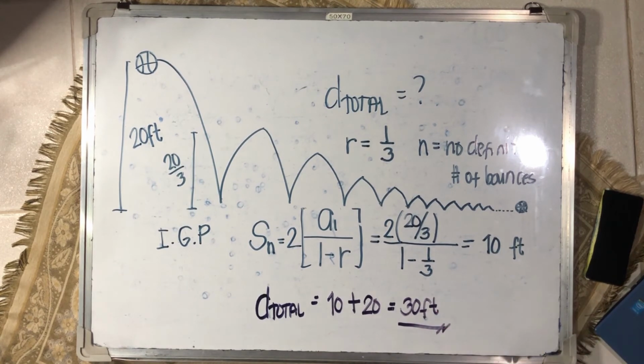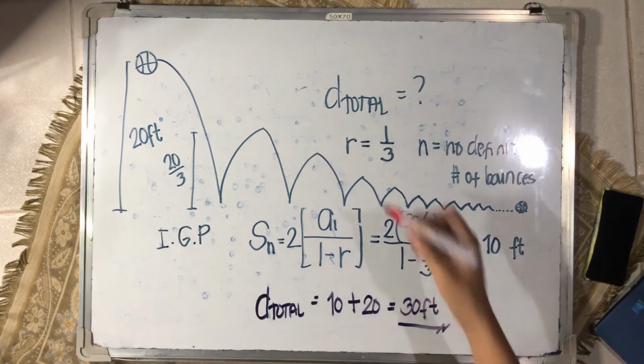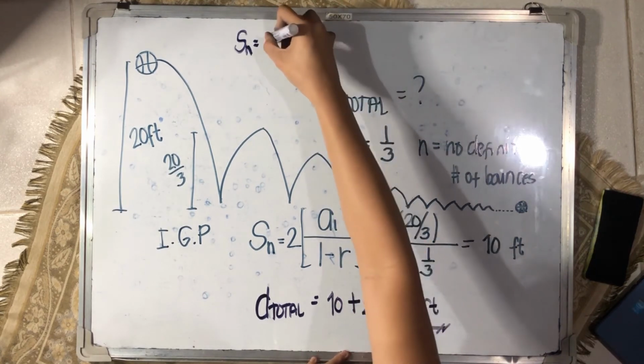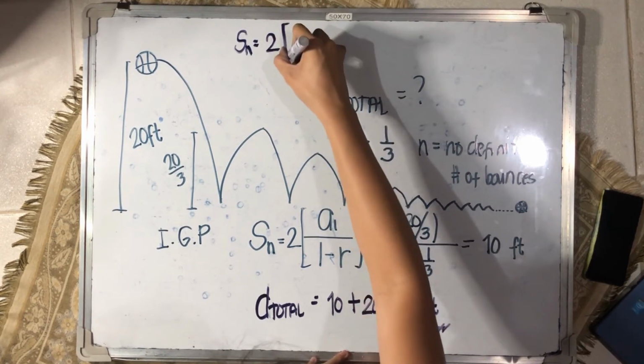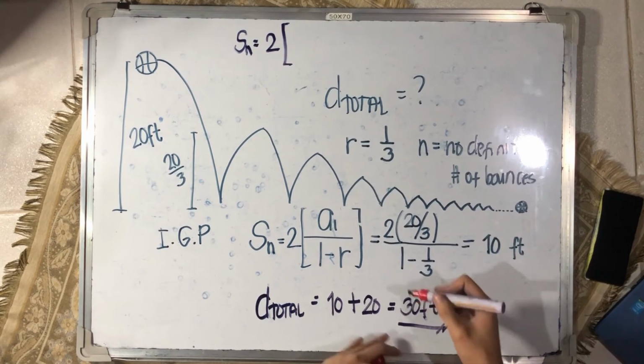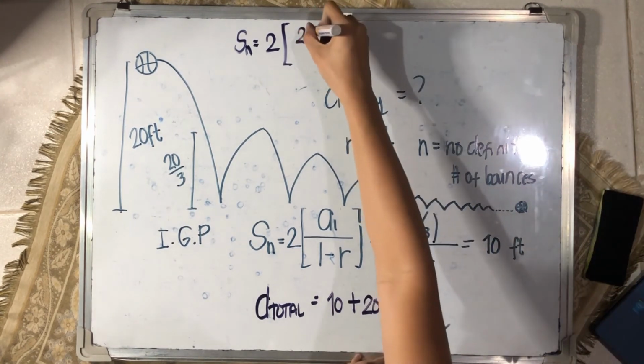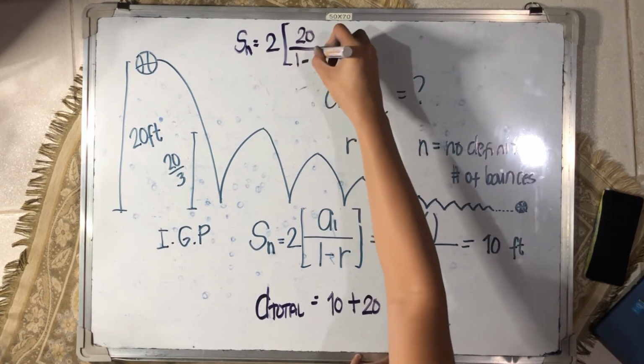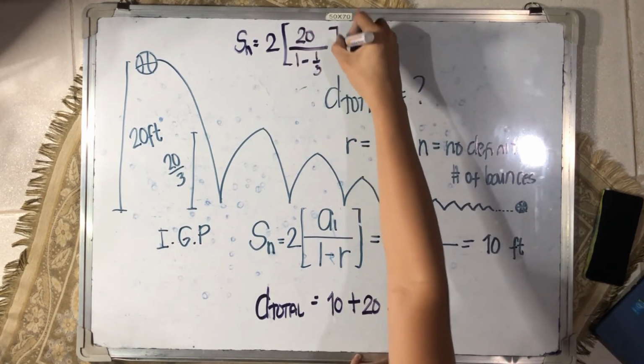Ma'am, what else do students do? Why do they make mistakes? Some set 20 feet as A sub 1, which is also correct. I'll put it here, this is S sub n. We still use 2 with the assumption that it doubles. So 20 feet is what I put here. Then we divide by 1 minus 1/3 still.